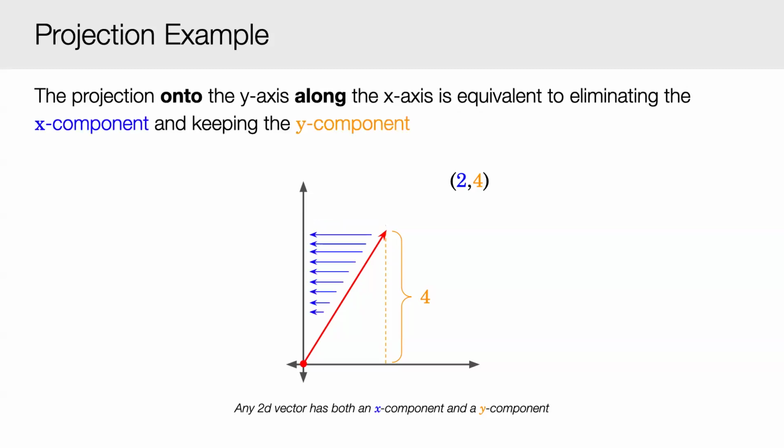So a projection onto the y-axis along the x-axis is equivalent to eliminating the x component and only retaining the y component here. So basically, we take this vector, we get rid of the x component by projecting it, or by just shifting it along.